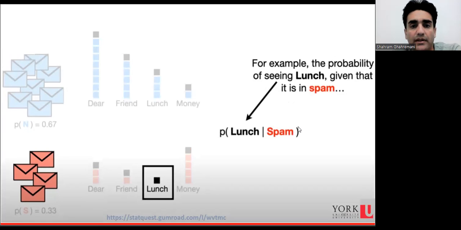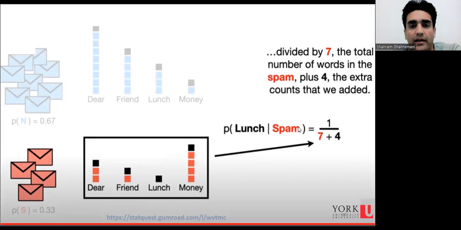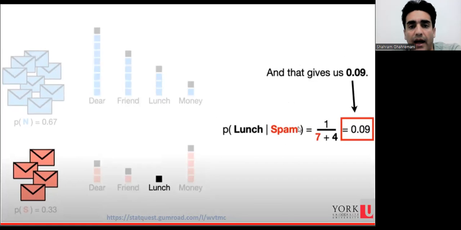For example, the probability of seeing lunch, given that it is in spam, is 1 divided by 7, the total number of words in spam, plus 4, the extra counts that we added, and that gives us 0.09.